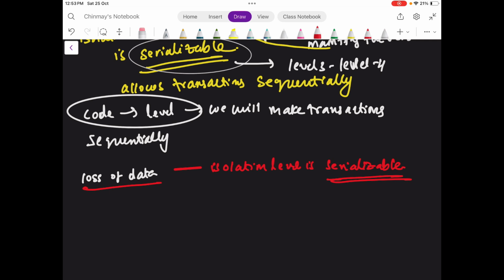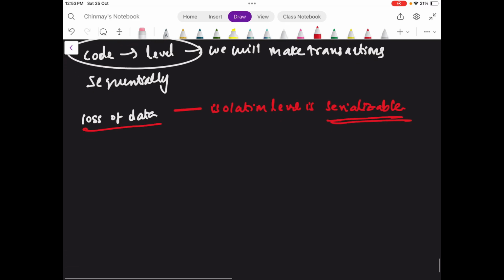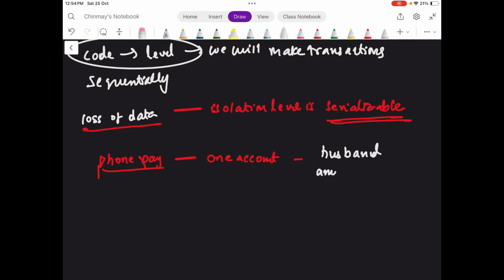Okay, same example, PhonePe. Let us consider the PhonePe application. There is one account, and a husband and wife are using it.